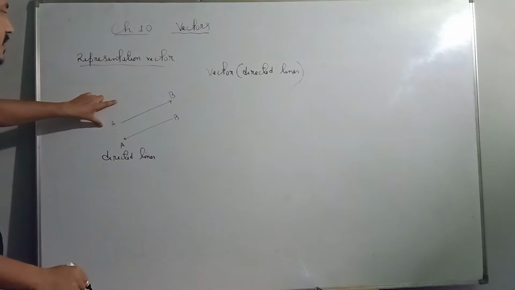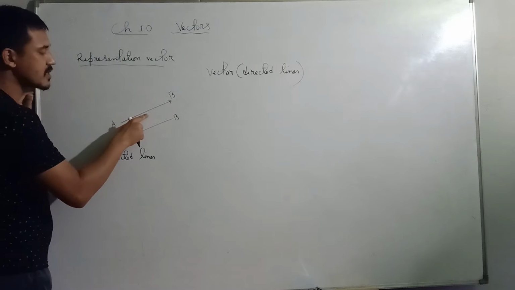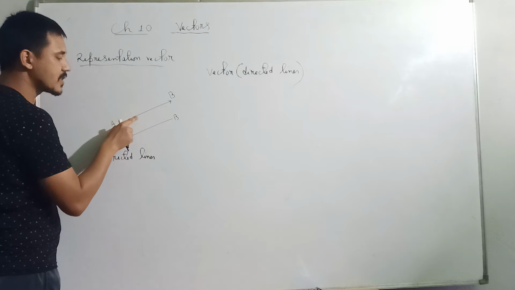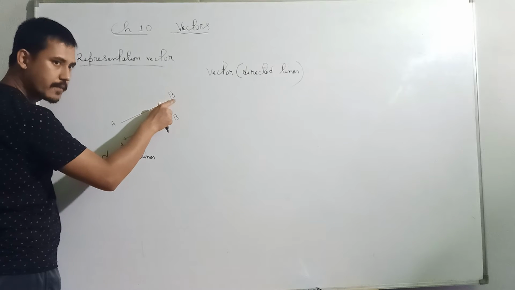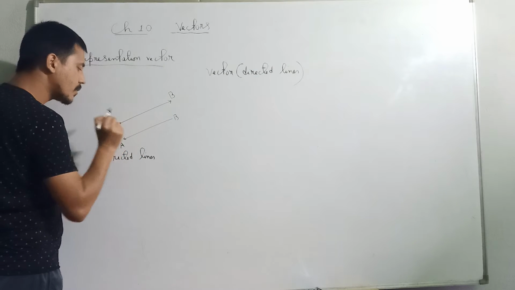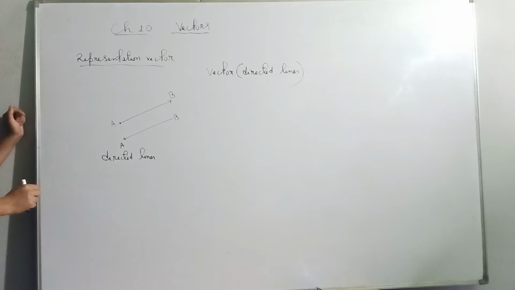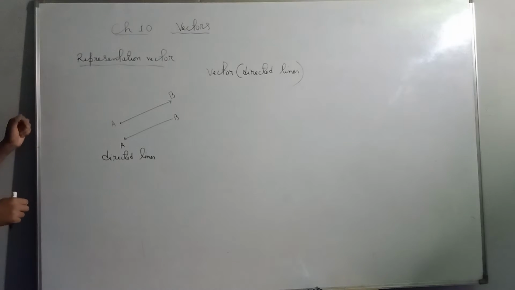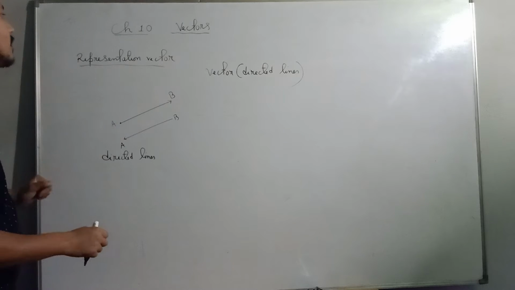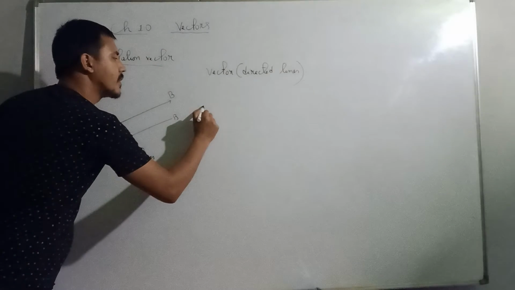In the first case, the line AB is directed towards B. So A is going to be your initial point and B is going to be your final point. So this directed line should be represented by a vector.